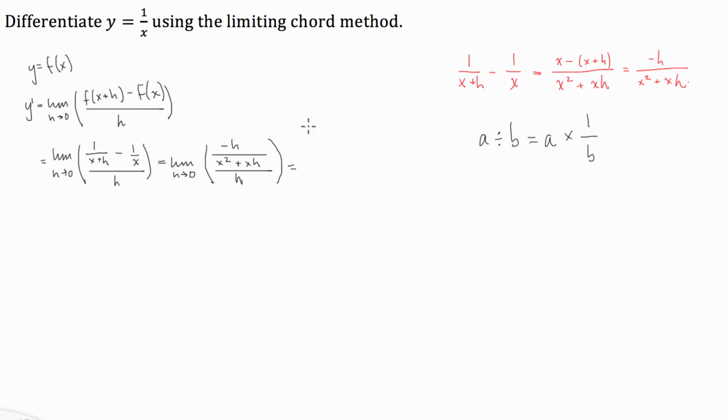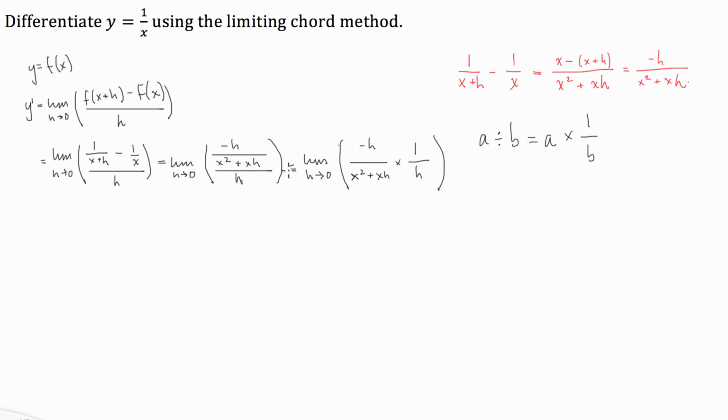So what we can do here is we can write this is going to be the limit as h approaches 0 of negative h divided by x squared plus xh. And this is going to be multiplied by 1 over h.